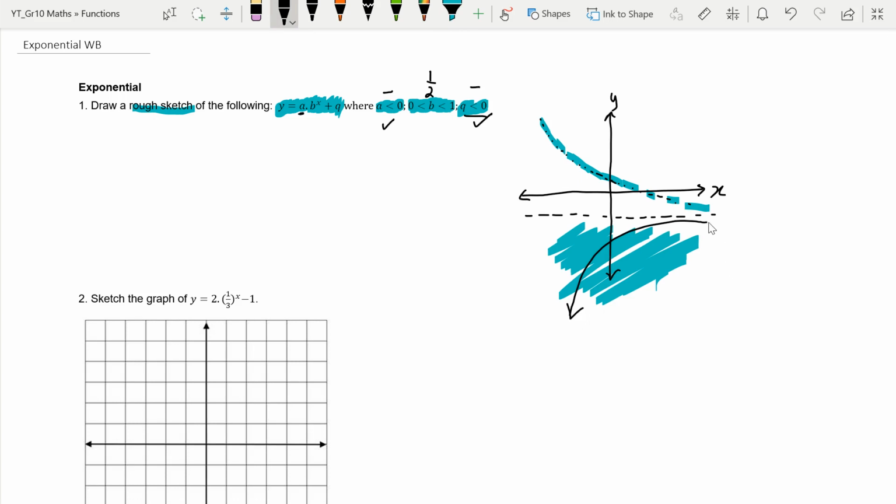So there is the correct curve of where our graph that we are supposed to draw will be. Okay, so I'm just getting rid of all of that. I can also get rid of that. And there it is. There is a rough sketch considering the information of A, B, and Q that they gave us. Okay, next one.